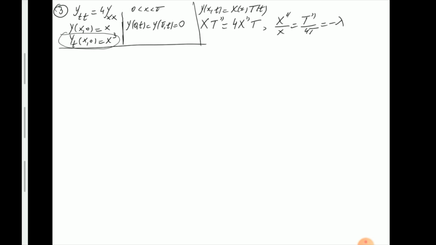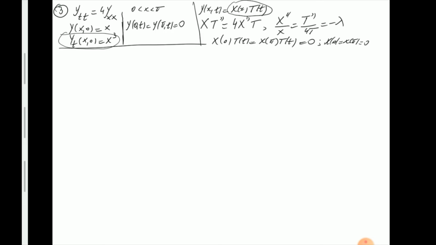So I plug the product form into the homogeneous boundary condition. That's X of 0 big T of t equals X of pi big T of little t equals 0, which gives me X of 0 equals X of pi equals 0. Remember, the rule is that you plug the product form into all homogeneous conditions.